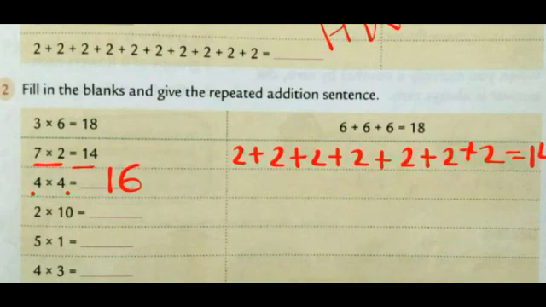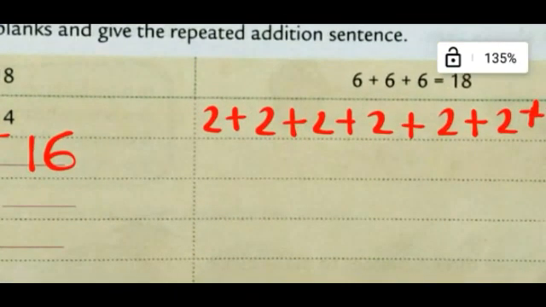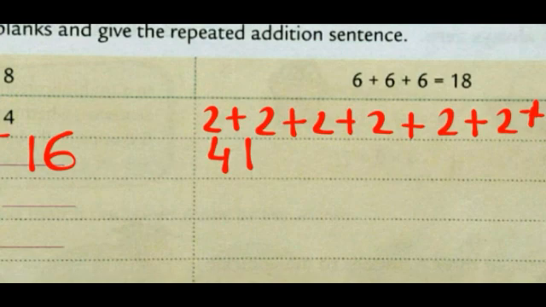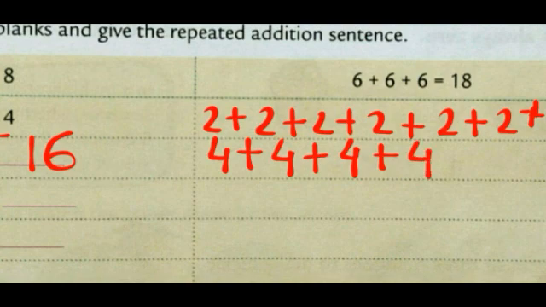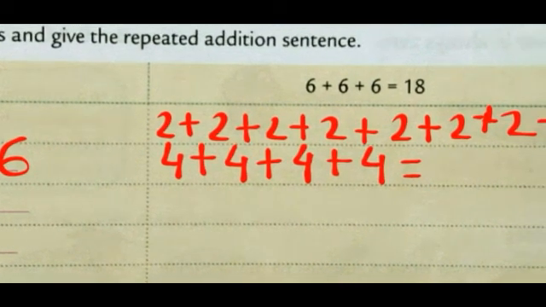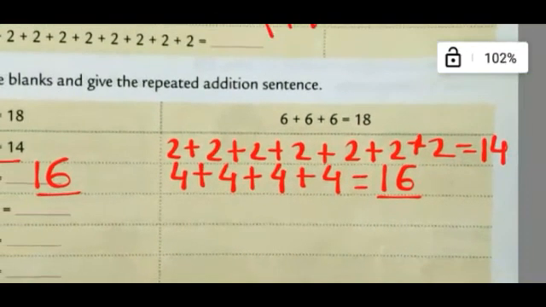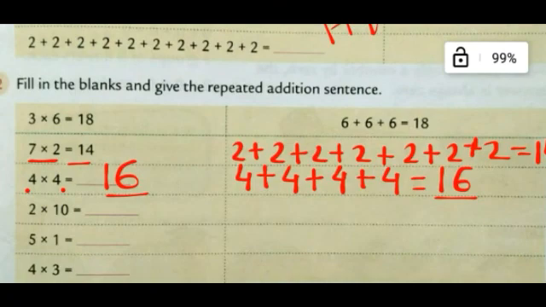So we need to write 4 times only. 4 plus 4 plus 4 plus 4. So what is the answer? 4 plus 4 is 8. 8 plus 4 is 12. 12 plus 4, 16. See? 16 here also and 16 here also.